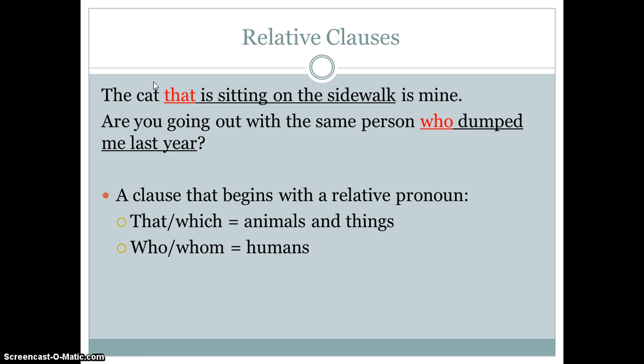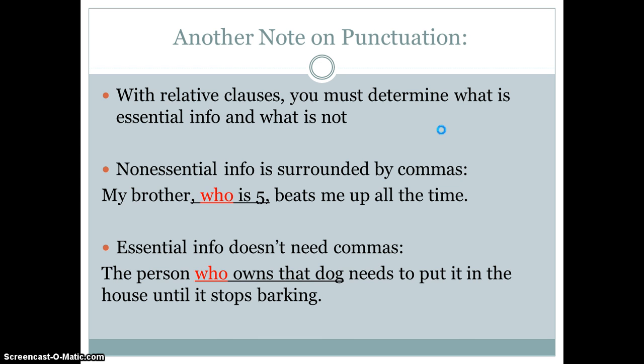It's the cat that's sitting on the sidewalk. Okay, and then: are you going out with the same person who dumped me last year? Who is your relative pronoun. This whole clause modifies this person. So you need to understand that that and which refer to animals and things. Who and whom refer to humans. Try to keep those separate.